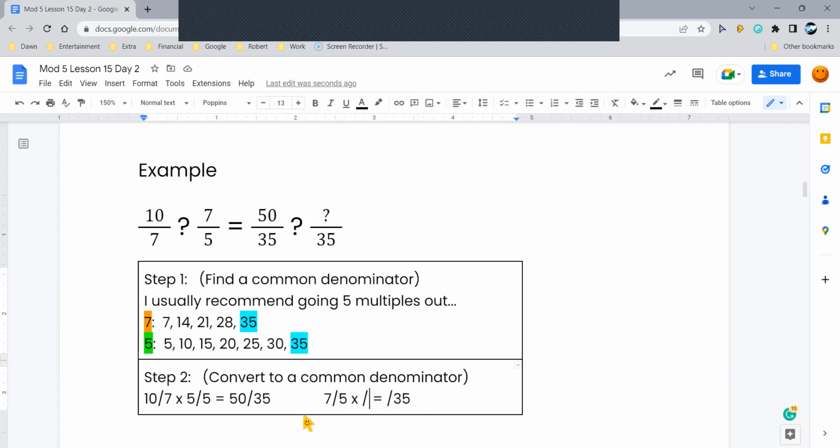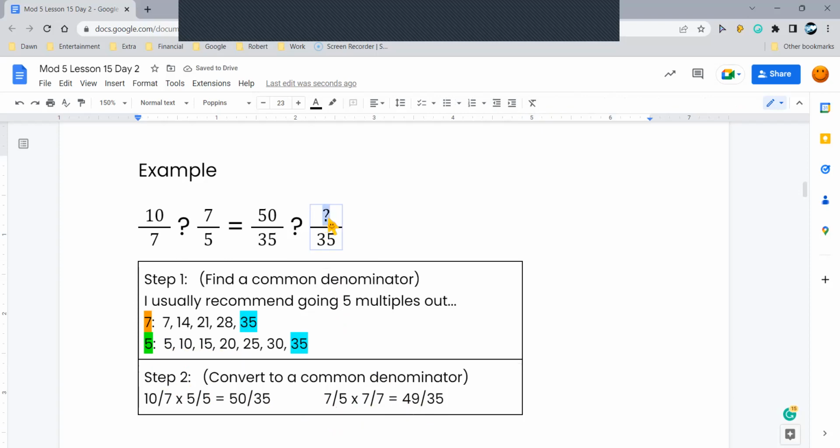I know 5 times 7 is 35, and if I didn't know that, I could count my multiples. And when I do the denominator, I need to make sure I do the numerator. Then I have 7 times 7. That gives us 49. So right here, I'm going to write 49.